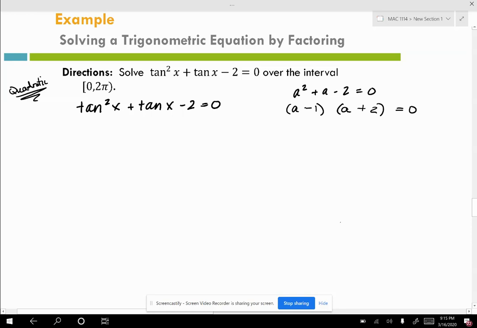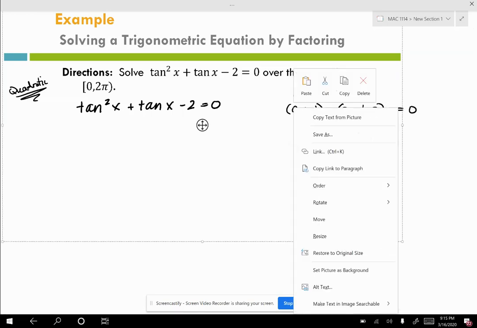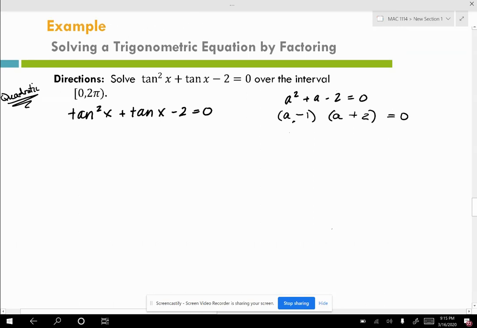If I wanted to solve for a, I would set each one of those factors equal to 0 and solve. So I have a minus 1 equals 0, a plus 2 equals 0. I'm going to add 1 to both sides for this one, and I'm going to subtract 2 from both sides from the other one. Okay.